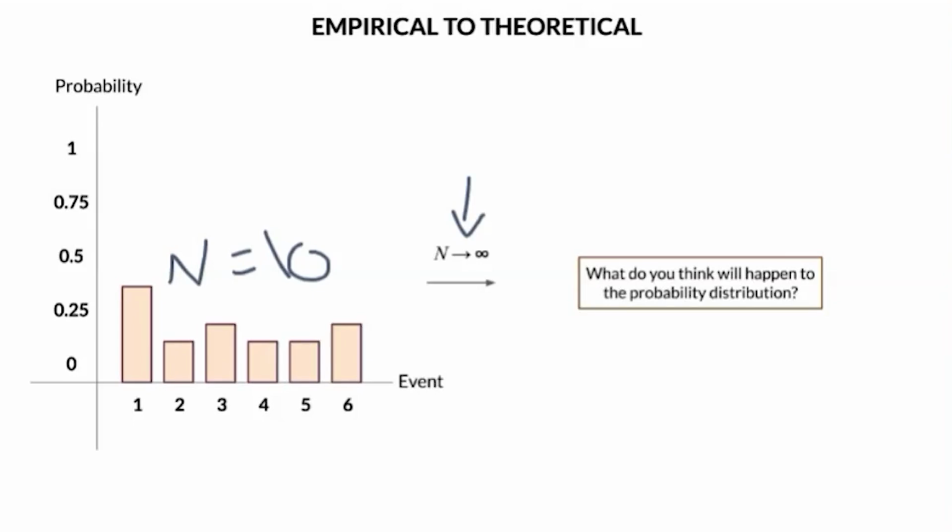Will it retain the same shape that you're seeing here? You may put your answers in the chat. So this is me rolling a die infinite times. And for the sake of those who are realists here, suppose 1 million times. Okay, I roll my die 1 million times.